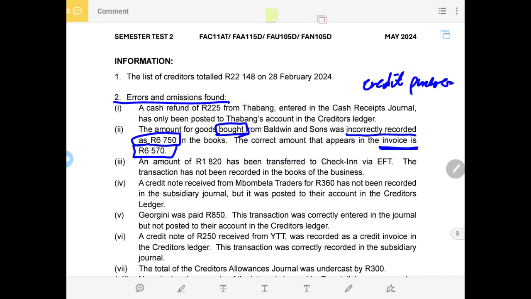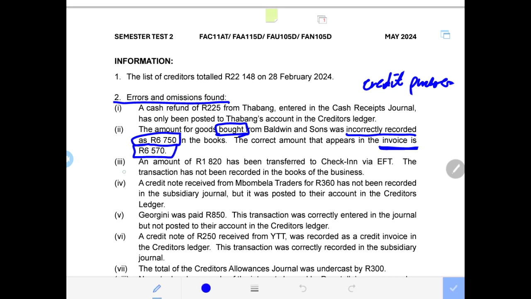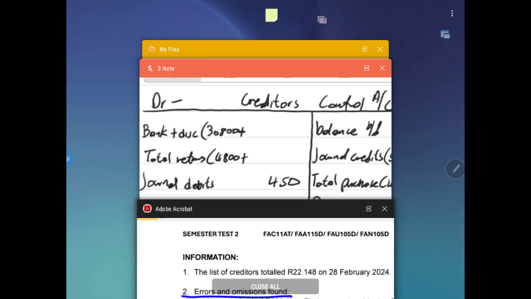Then we have number 3, where we want to verify if we have captured it in the list of creditors. There is no specification that it was captured in the list of creditors, so this must be corrected in all of our books.